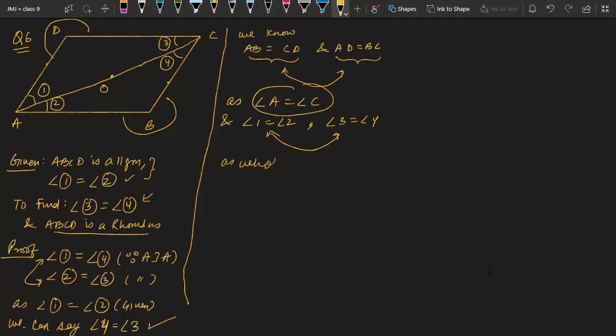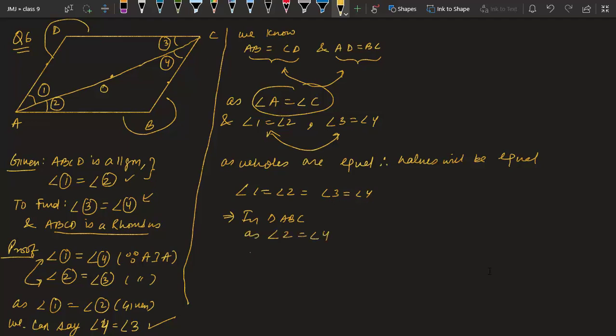As wholes are equal, therefore halves will be equal. So what do we get? We can say now that angle 1 equal to 2 equal to 3 is equal to 4, which implies for our use we can take in triangle ABC as angle 2 equal to angle 4.